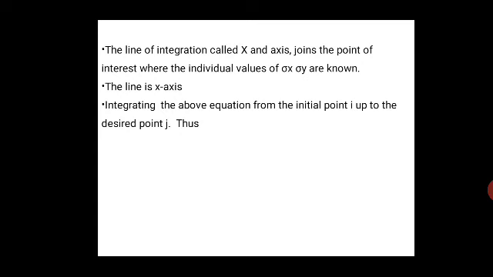On integrating the above equation, we have the reduced form: integral from i to j of dou sigma x by dou x dx is equal to minus integral from i to j of dou tau xy by dou y dx.